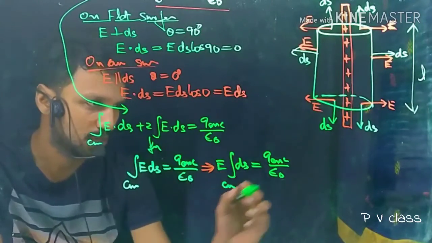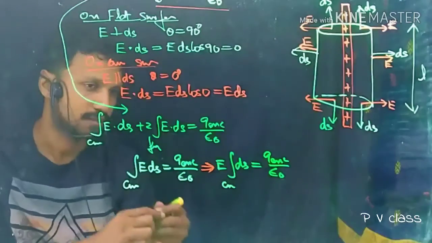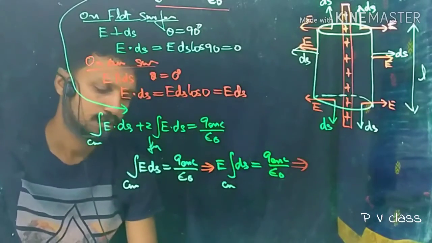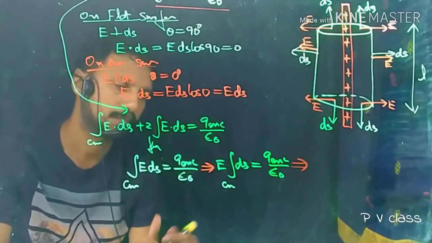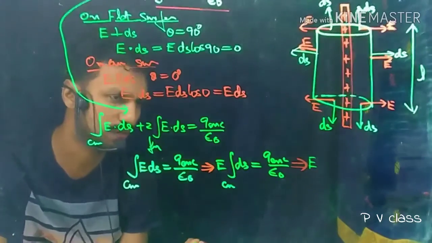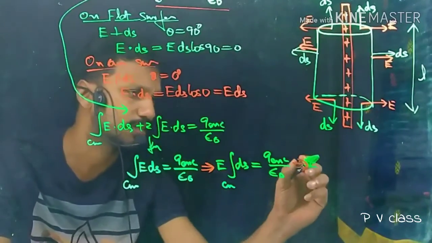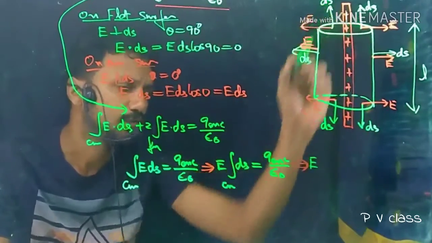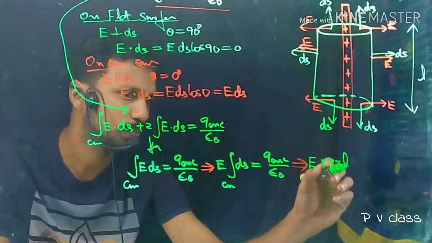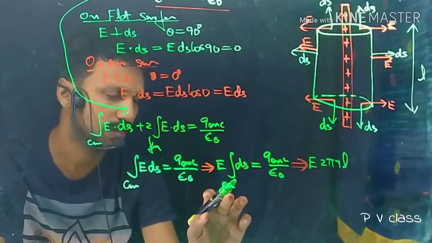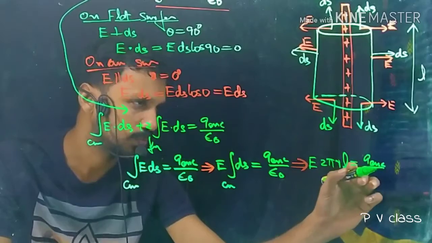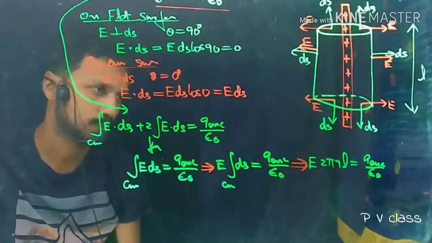Therefore, instead of curved surface integral of ds, I am writing this equation like this, that is E into, instead of curved surface integral of ds, I am writing circumference, that is 2 pi r into length. E into 2 pi r l, which is the curved surface integral of ds, is equal to q enclosed by epsilon 0.